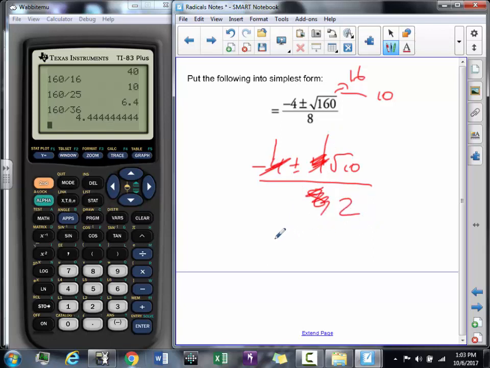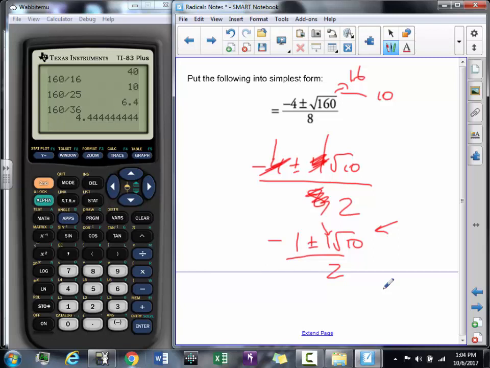Here's the best answer: negative 1 plus or minus 1 root 10 over 2. This would be considered the best answer for how you use the quadratic formula. Well, actually, no. What wouldn't I actually include in that, probably? Yeah, we wouldn't write this 1 right here, probably. Does that make sense?